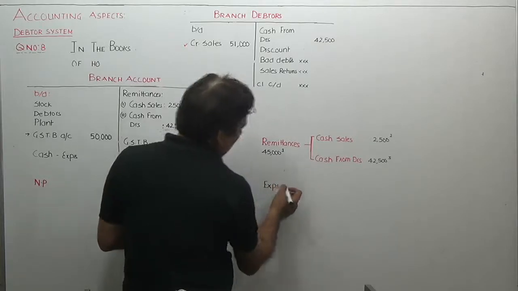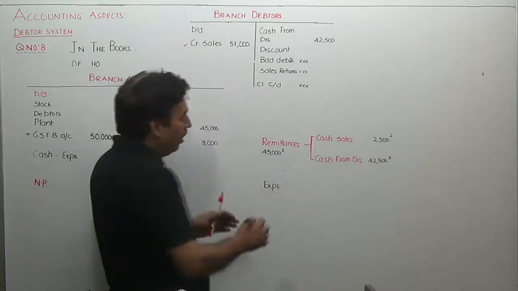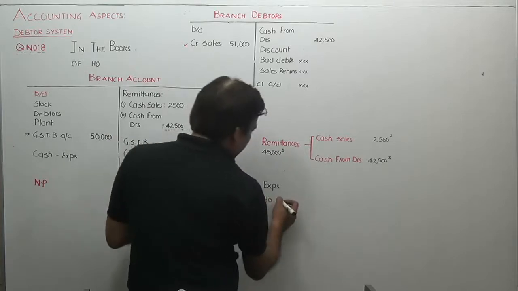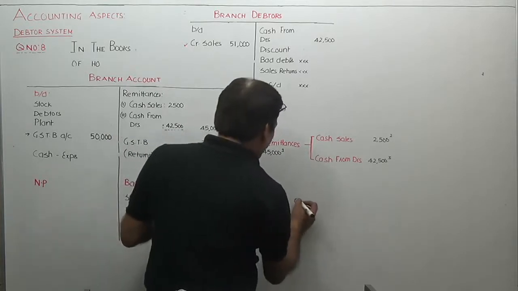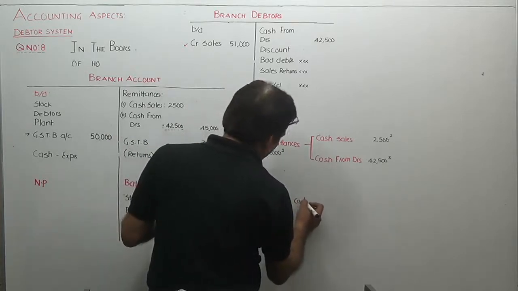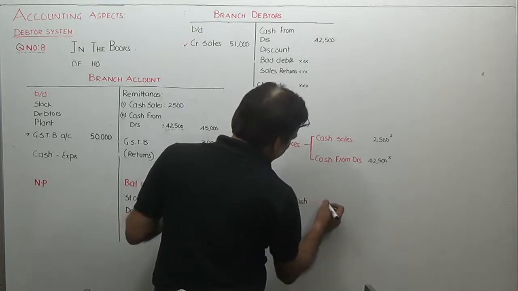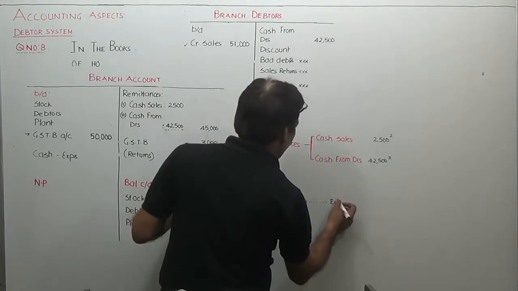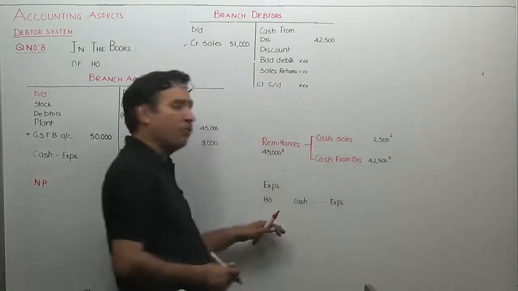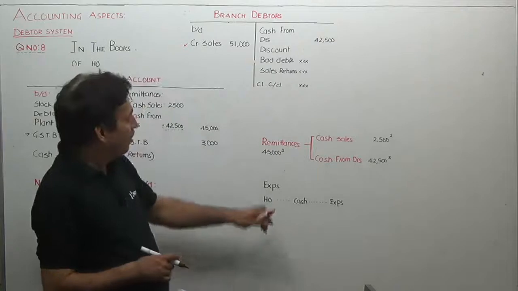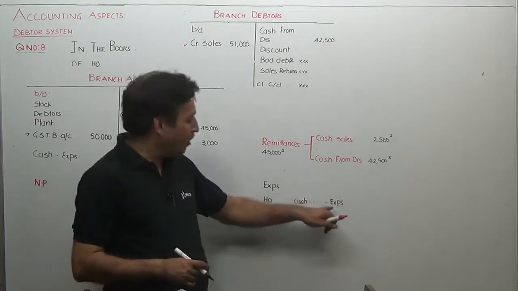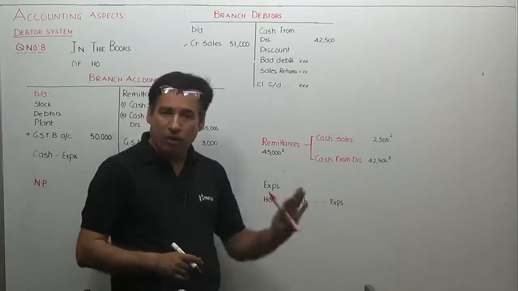You will have to analyze it this way: head office sent cash to branch, correct? And branch paid the expenses. You will have to interpret it this way round. Head office sent cash and branch spent the amount. Is it clear to you?